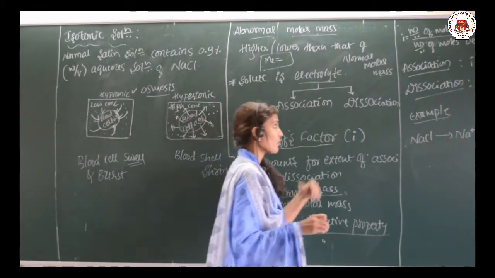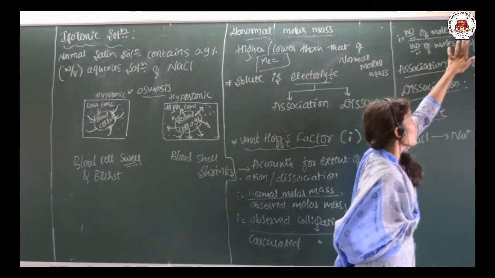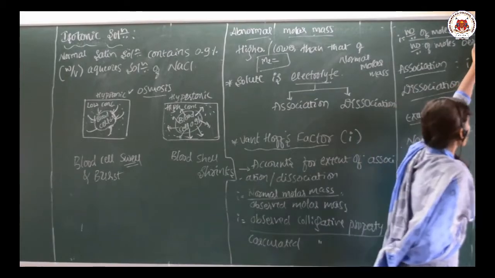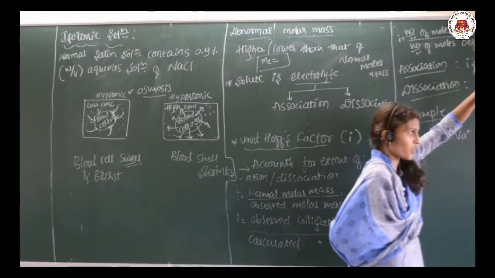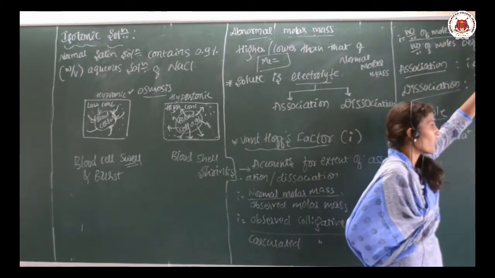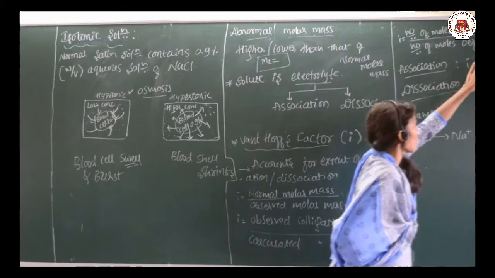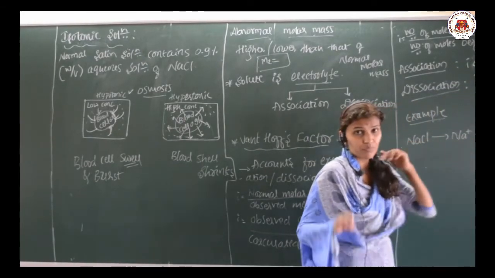Or else even you can use one more formula: i is equal to number of moles after association or dissociation divided by number of moles before association or dissociation.